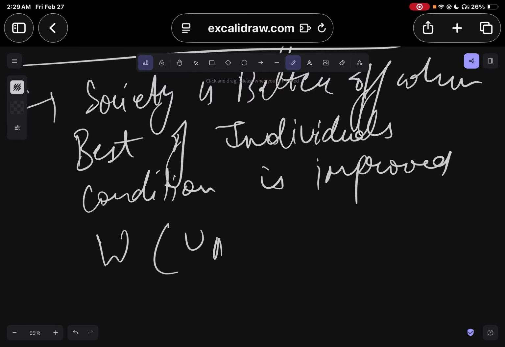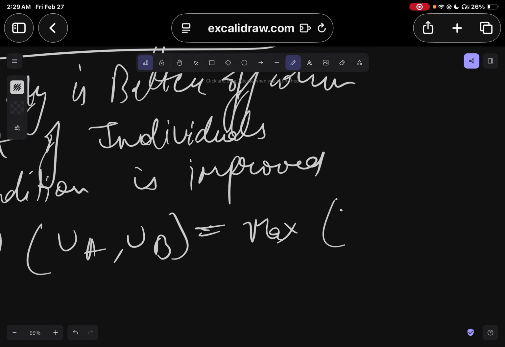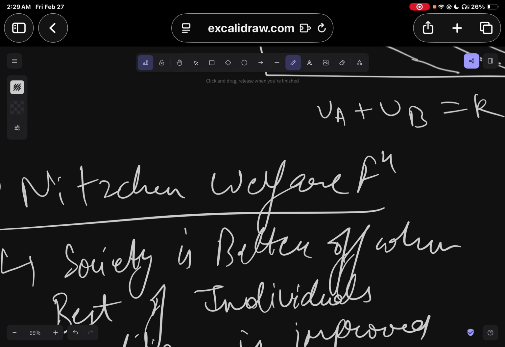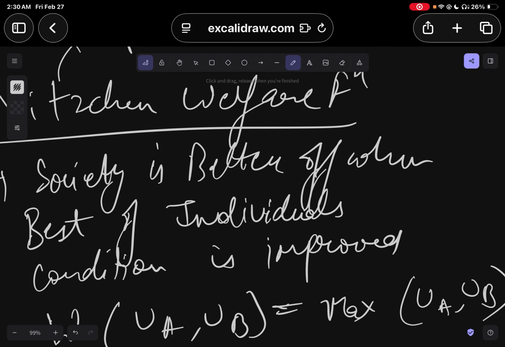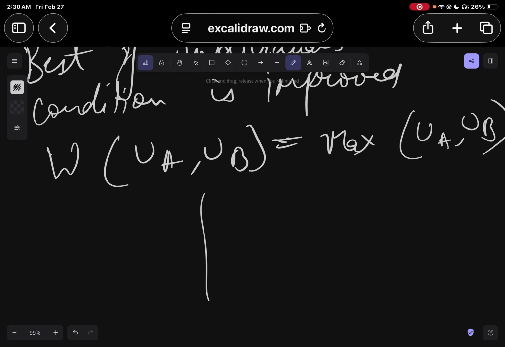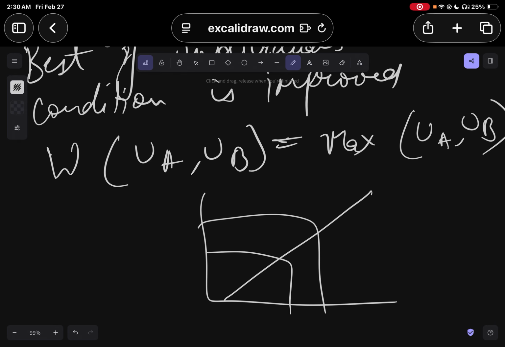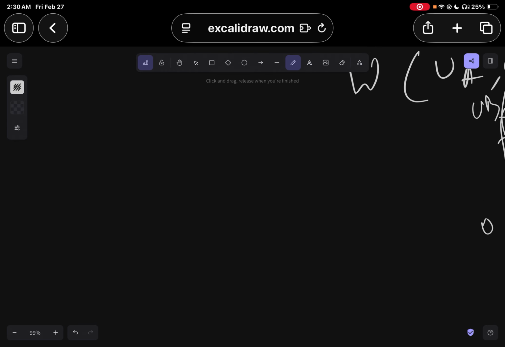So W is the maximum of UA and UB, which is opposite to Rawlsian. The Nietzschean welfare function was named after Friedrich Nietzsche. So it will be like this. Then we move to the modern welfare function.